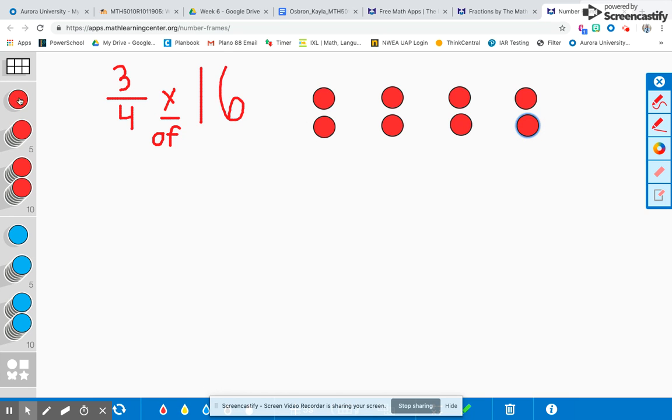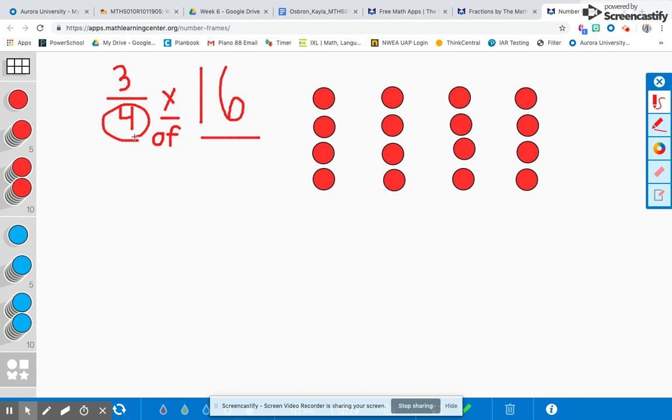So now I'm at 8, 9, 10, 11, 12, 13, 14, 15, 16. Okay, so now what I have done so far is I have taken 16 counters and I have split them into 4 groups because my denominator is telling me how many groups I'm making.